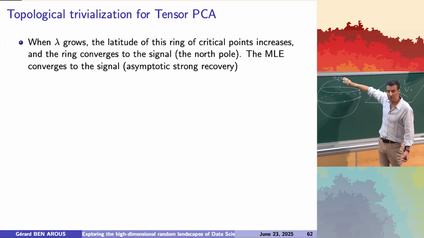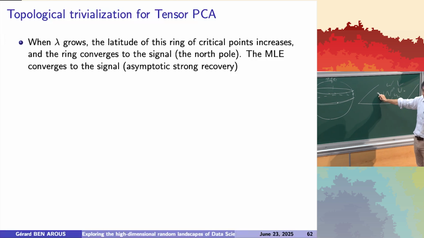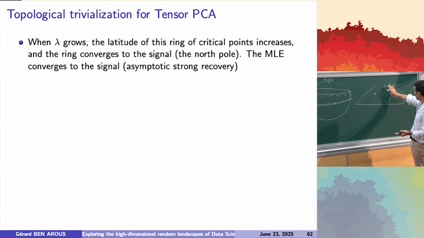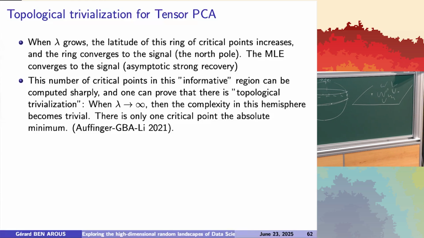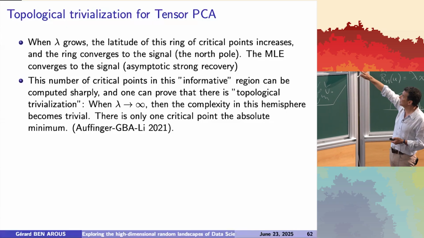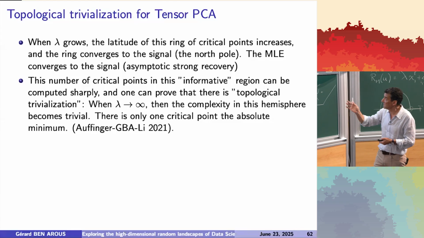In this thing, you have only 1 minimum, and it's trivial, okay? You still have this complexity here. So here the landscape will be very simple, above this topological trivialization threshold, but you still keep the mess outside, okay? The number of critical points in this informative region, which is this hemisphere, can be computed sharply, and when lambda is large, the complexity in the hemisphere becomes trivial, as I said. There's only 1 critical point, and that's the absolute minimum.